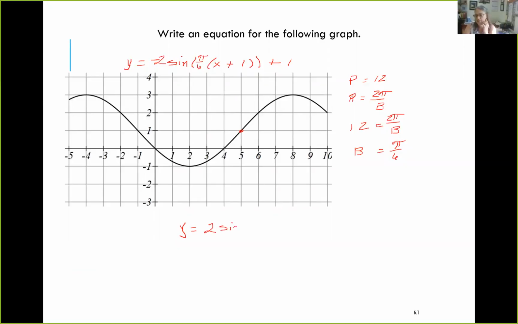The only thing that's going to change is what goes inside, because now I'm looking at this as a rightward shift of 5 units as opposed to a leftward shift of 1 unit. Everything else is the same.